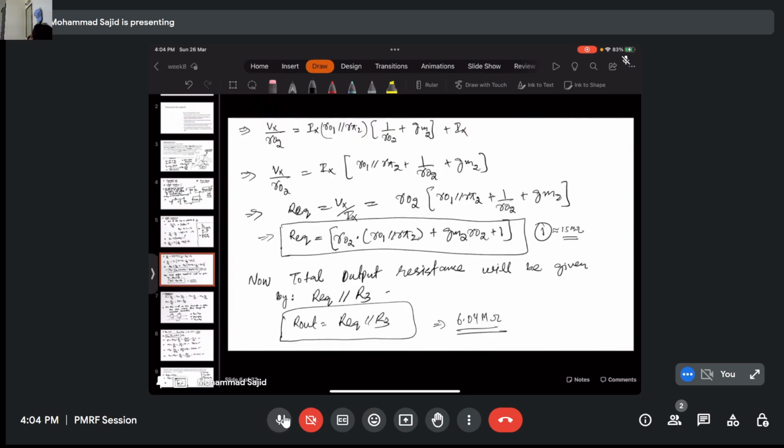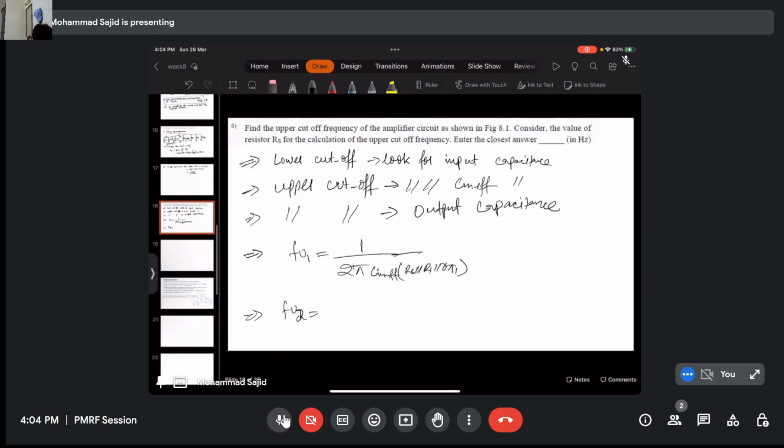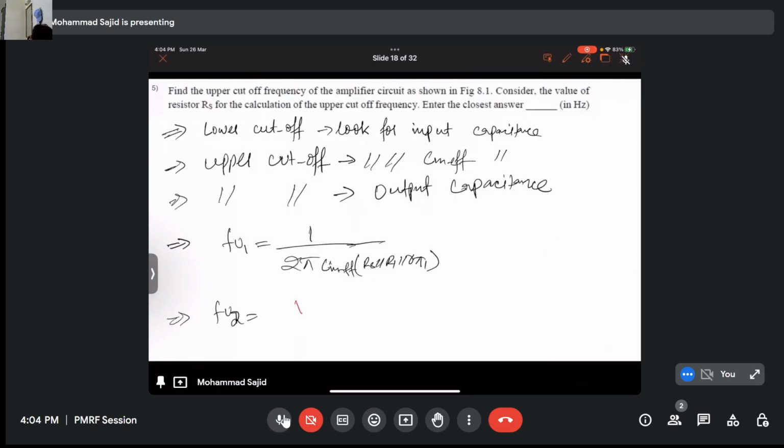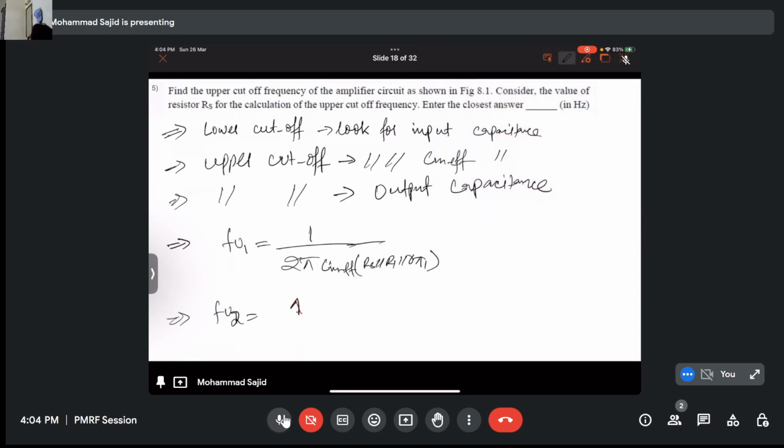Right, this is 6.04 mega ohm. So you can just directly write it as 1 divided by 2 pi CL R out. So you now know this is the value of 6.04 mega ohm.